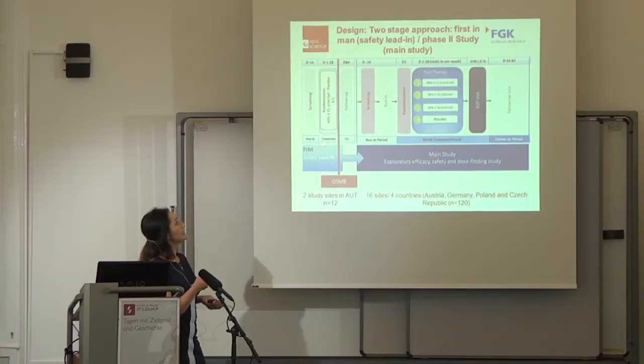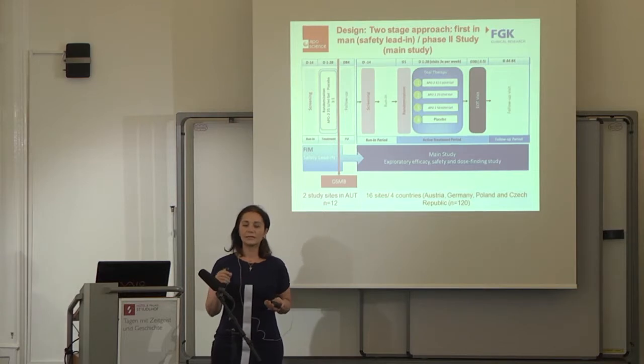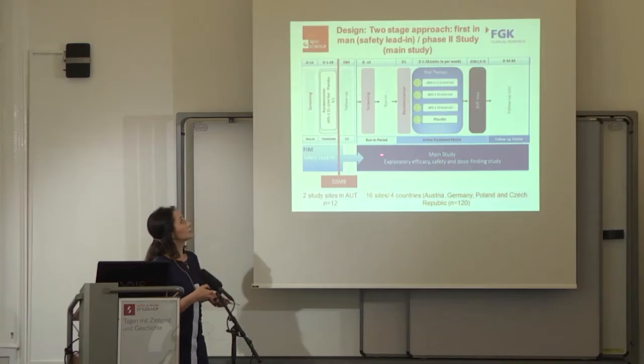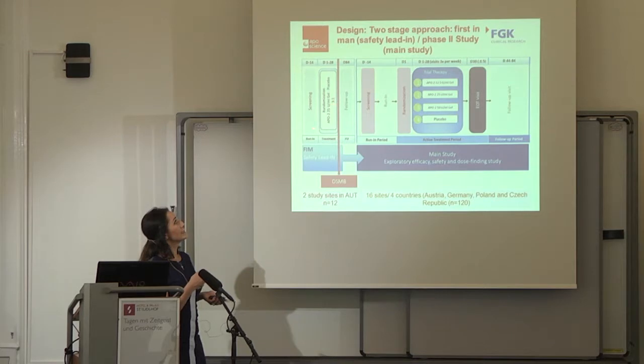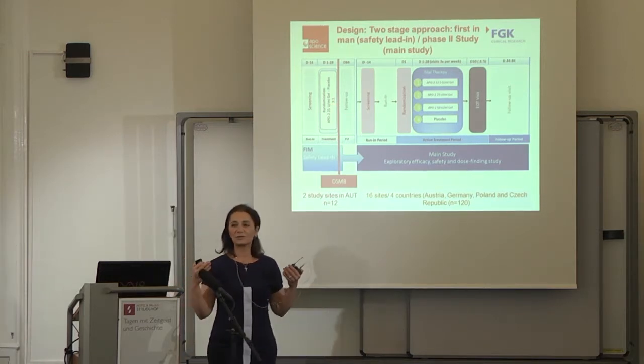The safety lead-in study is using 1 APO treatment arm. This is actually the middle dose compared to placebo. It's a 3-to-1 randomization, meaning that 9 patients are being treated with APO2 and 3 patients are being treated with our placebo. So, of course, this part is eminent to ensure that it is performed thoroughly.